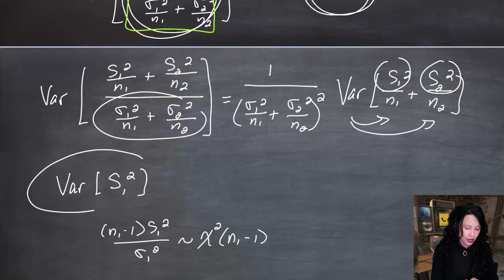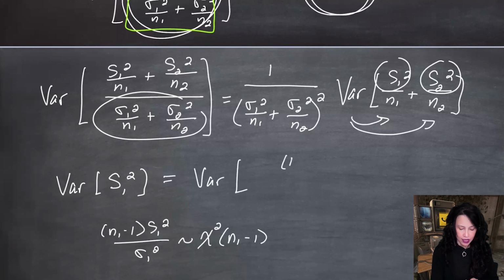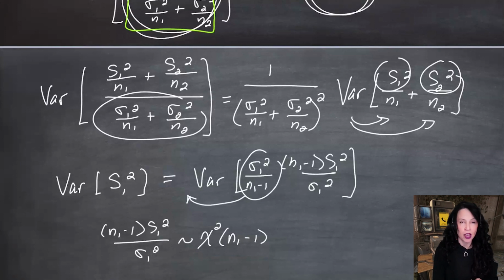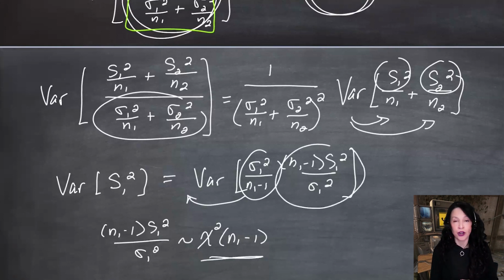That's not exactly what I have here, but if we rewrite it, this could be the variance of n1 minus 1 s1 squared over sigma 1 squared times sigma 1 squared over n1 minus 1. Then you can pull this constant out, which will come out squared, and you're left with the variance of a chi-squared n1 minus 1, and that variance is 2 times that degrees of freedom.